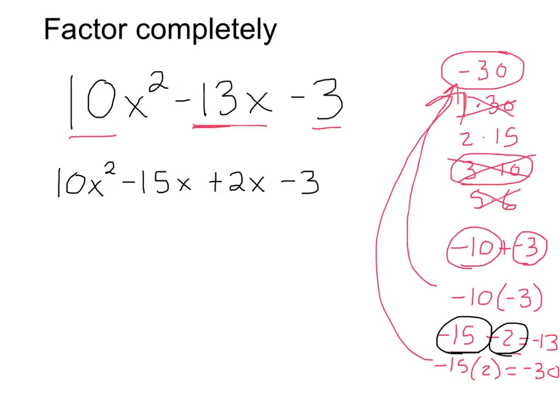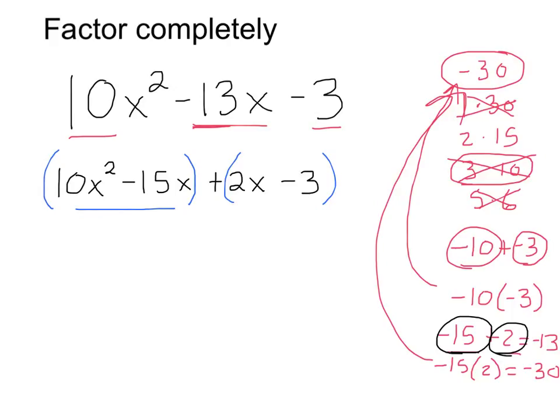Yeah, so say group it. Right. And so group it means I'm going to put this in parentheses and I'm going to put this in parentheses, right? What now, Jordan? Factor what? Right. So what do I factor out of this first binomial right here? 5x.